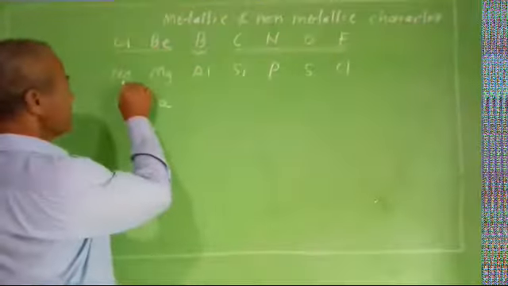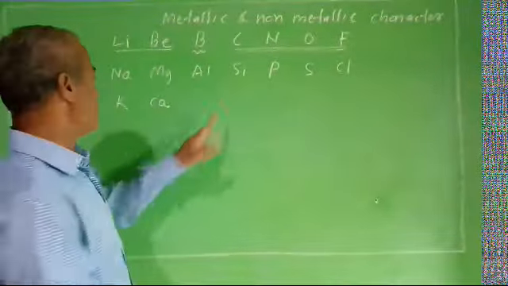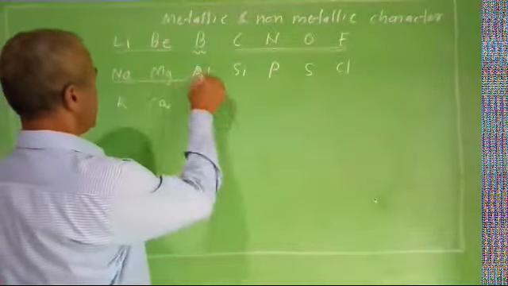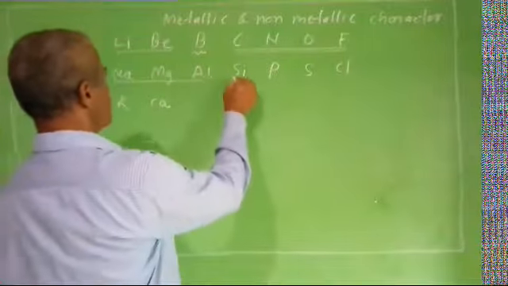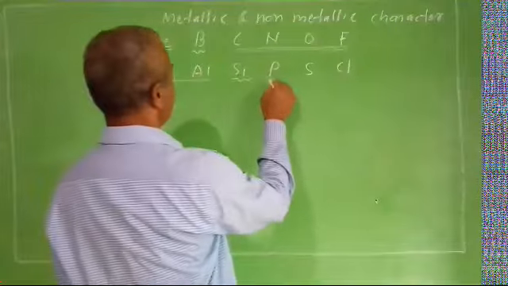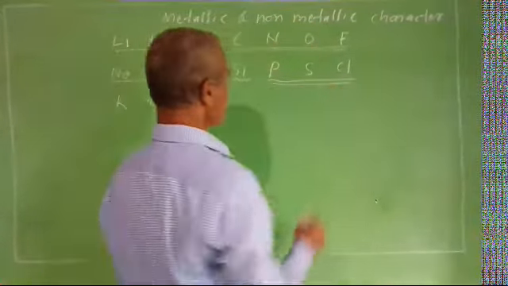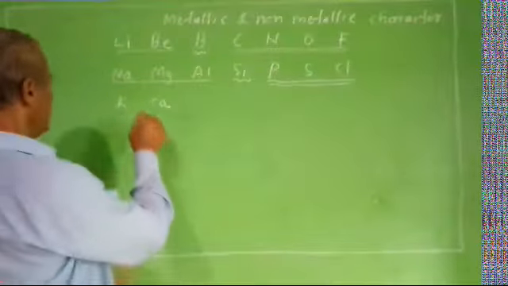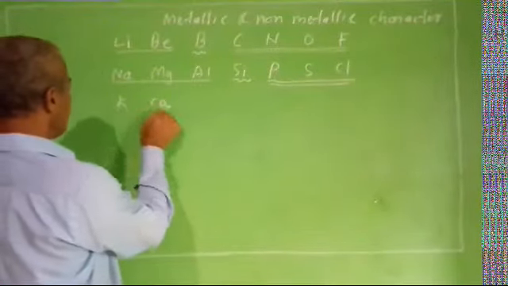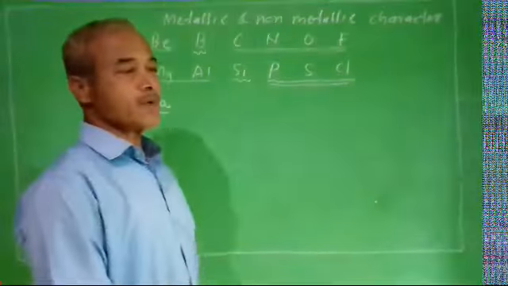The next list, these elements belong to the third period in the modern periodic table. Sodium is a metal, magnesium is a metal, aluminum is a metal. Silicon is a metalloid, and these are non-metals. Again, potassium, calcium, these are metals.